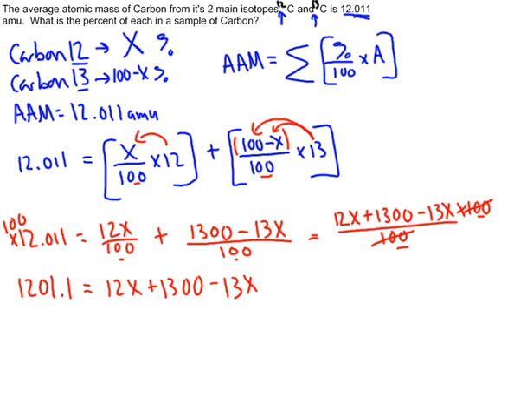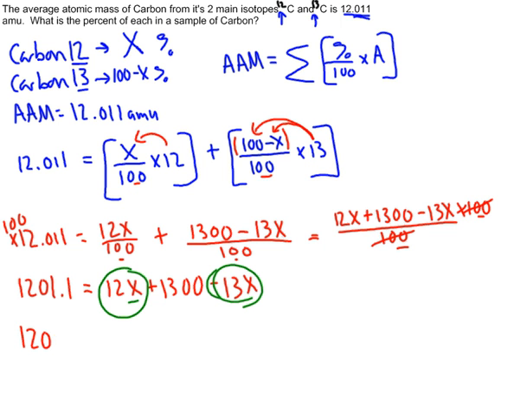So now we have a nice algebraic expression for x, and we're getting pretty close here. The next step in algebra is to combine like terms. And so because we have an x here and an x here, we can combine these things. Don't forget the minus here as well. So 12x minus 13x is going to give us just minus x.